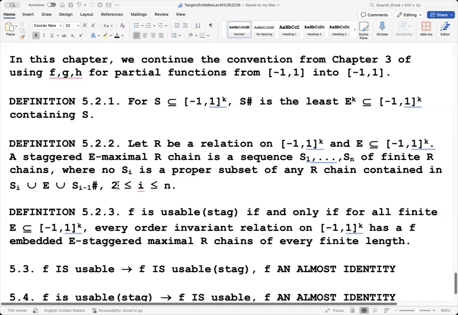Here I'm saying something weaker. SI is not a proper subset of any arc chain contained in some bigger stuff. Well, it's staggered, contained in the sharp of the previous S and also E.